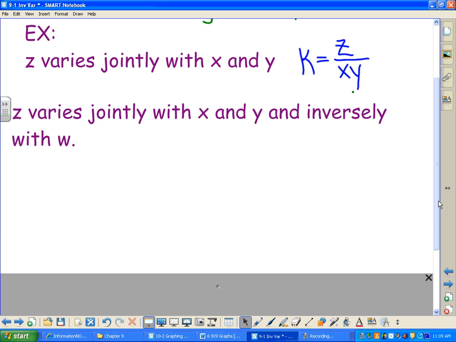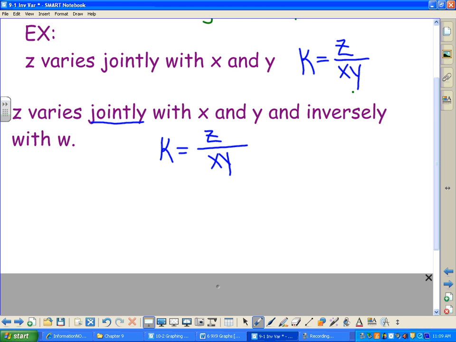Z varies jointly with x and y and inversely with w. Now if you just go one step at a time, it shouldn't be too hard. So you're going to start out with k equals. Since it says jointly, that means you're going to have z over x times y, because it's varying jointly with those two.